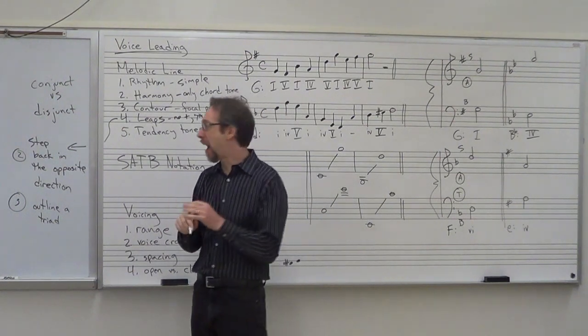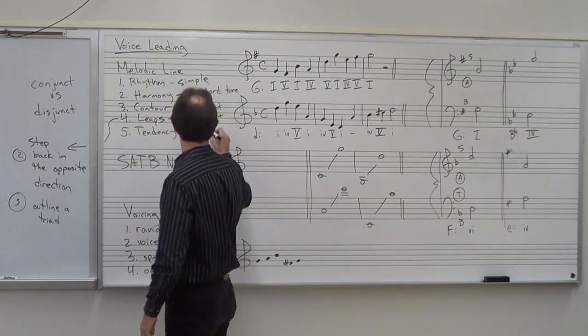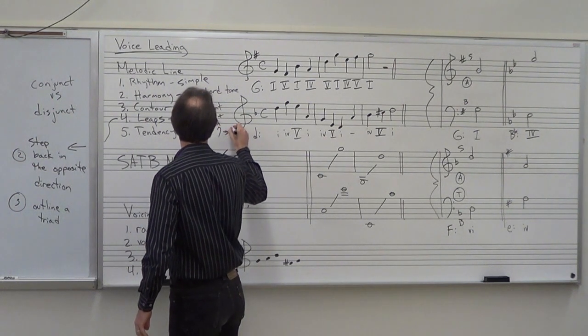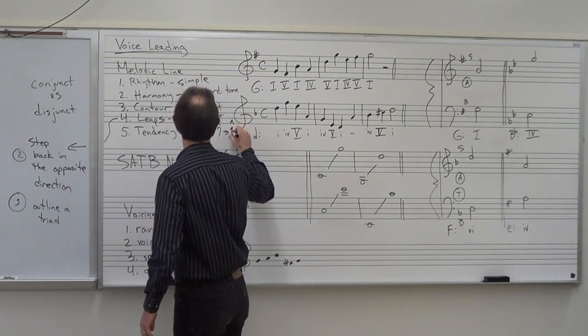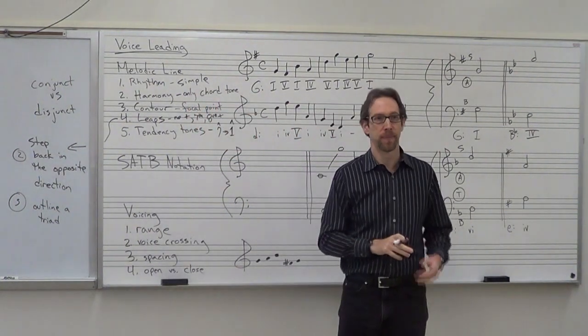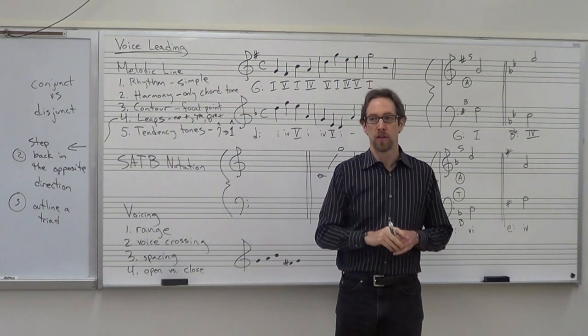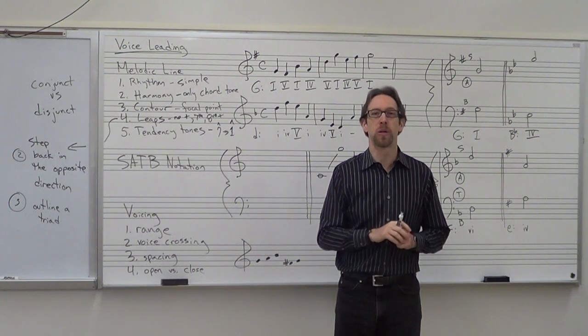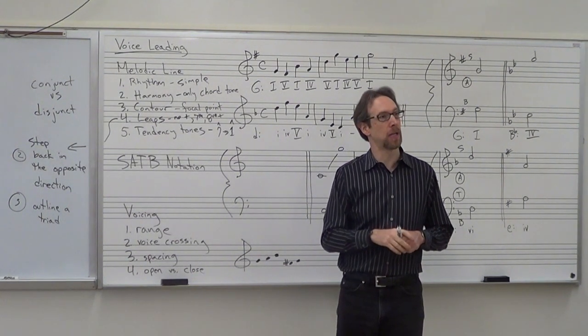The most powerful gravitational pull is scale degree 7, and it really, really, really wants to go to scale degree 1. So if you have scale degree 7 and you don't go to 1, you are denying the listener's expectations.